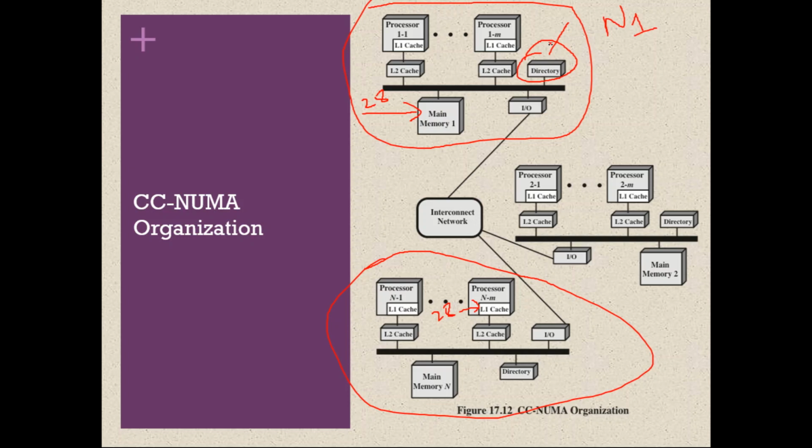Okay, so with this knowledge, let us discuss in detail how a processor accesses some memory content which is not available in the local memory but is available in the remote memory.